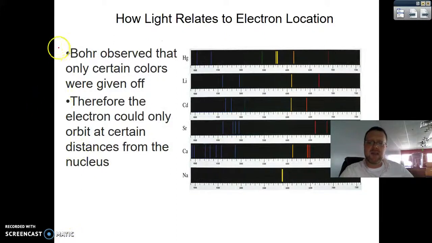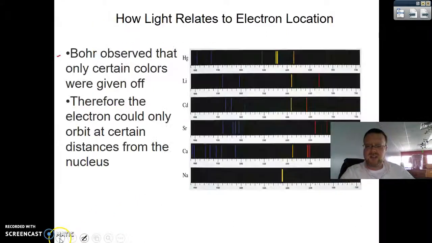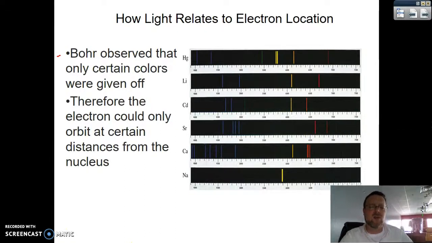Because he noticed that different elements were giving off certain colors, and here are some examples of line spectra of some different elements, and we've recorded line spectra for pretty much all of the known elements. He was saying that these colors were released when electrons were falling down from a higher energy level to a lower energy level, and it was the transition between energy levels that was causing this.